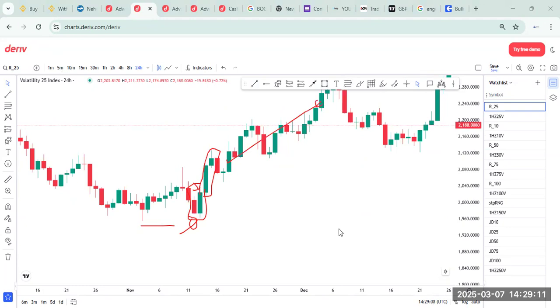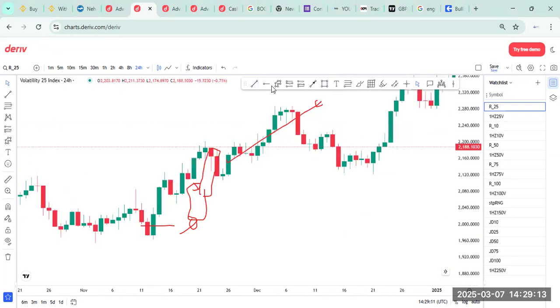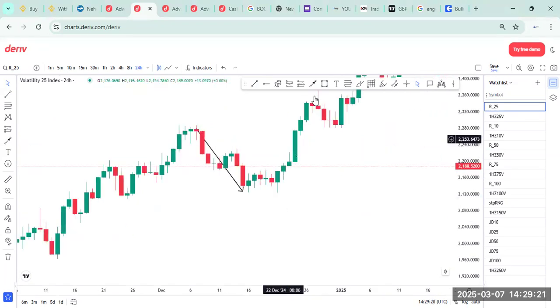And here, the market started retracing from here. Can we spot a bullish engulfing? Yes, we can spot them. See these two candles, bullish engulfing. The next day, the bullishness was resumed and continued.